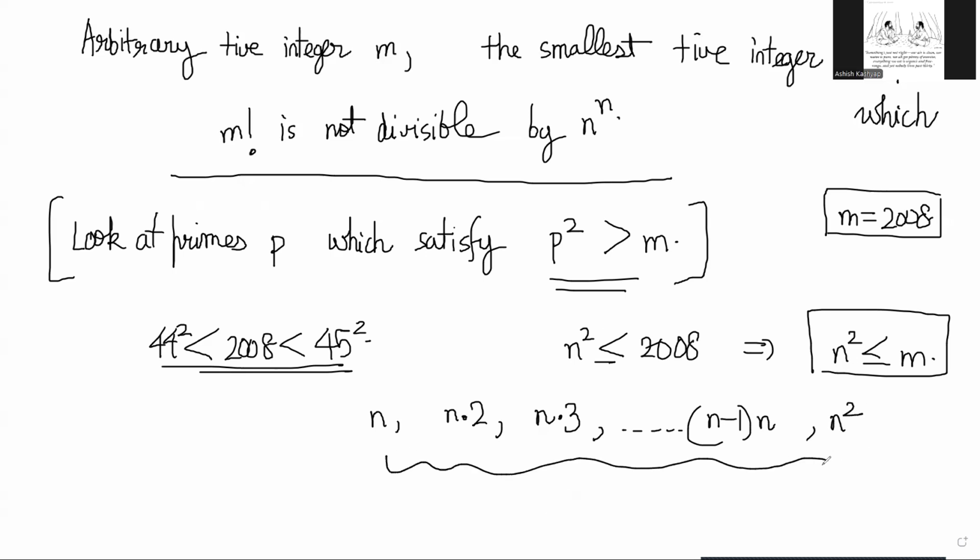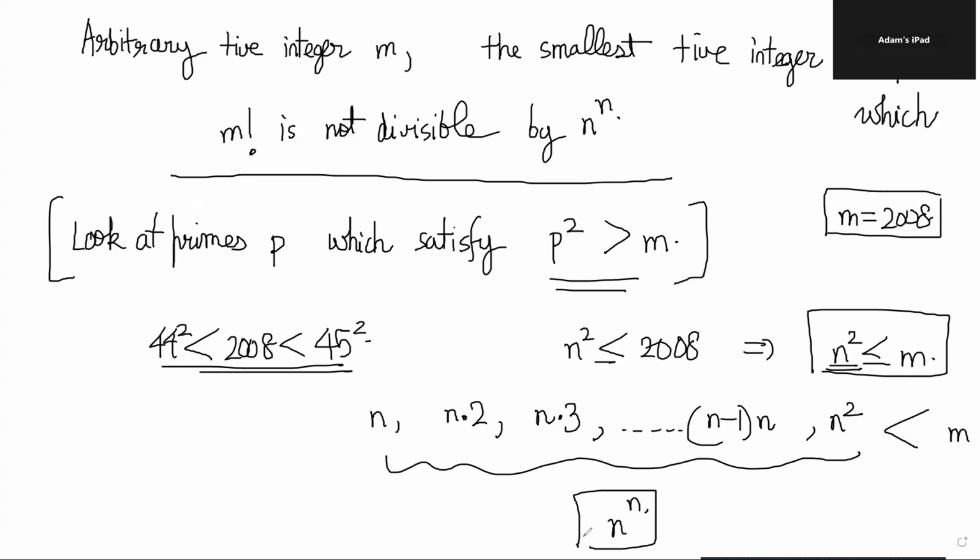All of this, when you multiply, you get an n power n directly, right? So if n square is less than m, then all of these come in the n power n, and therefore n power n divides m factorial, right?